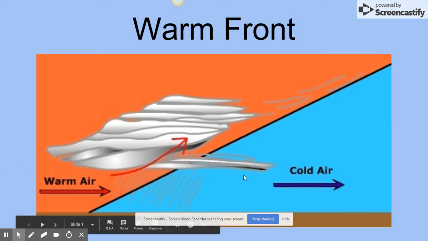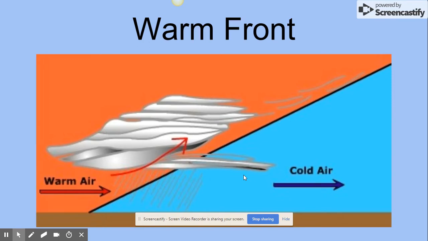That's a warm front. Now, warm always goes up. We'll learn about this more later when we talk about heat transfer. Warm air is less dense, so if you think about the water cycle, when the shiny sun shines on the water, it makes the water molecules spread apart. They become less dense, and so they can rise.